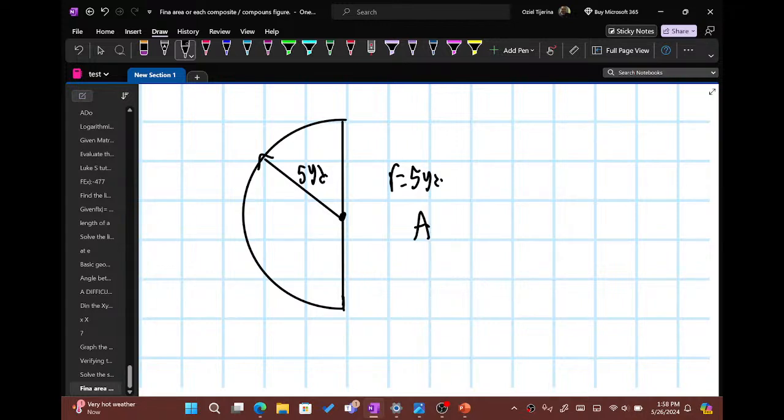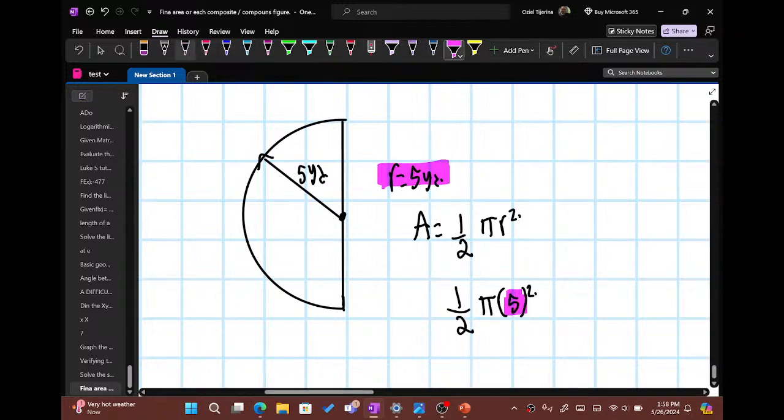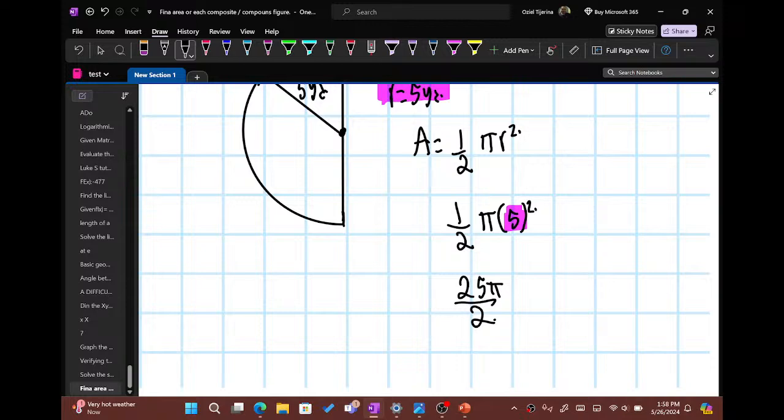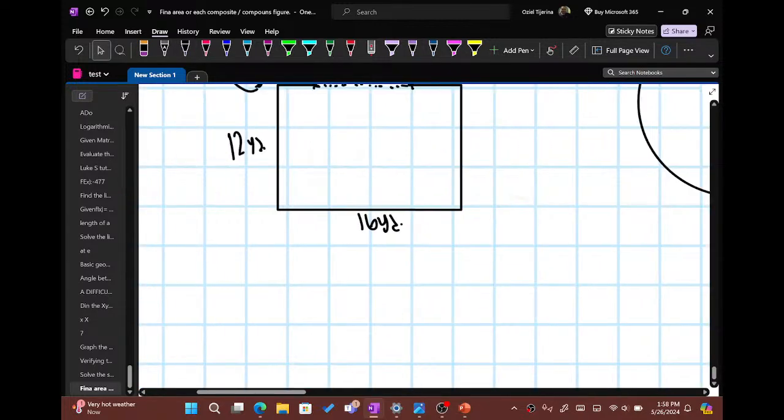So the area is 1/2 pi r squared. This is 1/2 pi times, and the radius is 5, so 5 squared, so it's going to go 25 pi over 2. Like I said, you can just calculate it after.